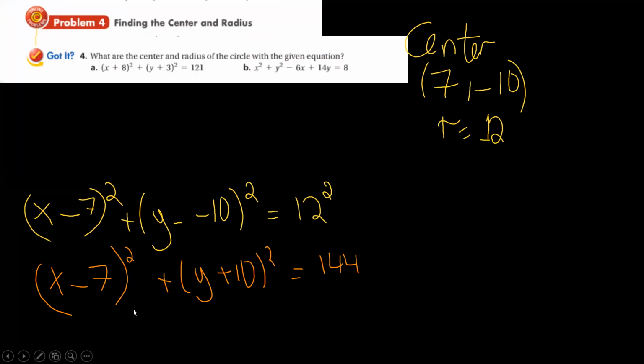But now here, I have to do the opposite. What does it mean? It means I give you the equation and you tell me what the radius and the center are. In the previous 3 questions, I gave you the radius and the center, and you wrote the equation. Now I give you the equation and I want you to give me the radius and the center.